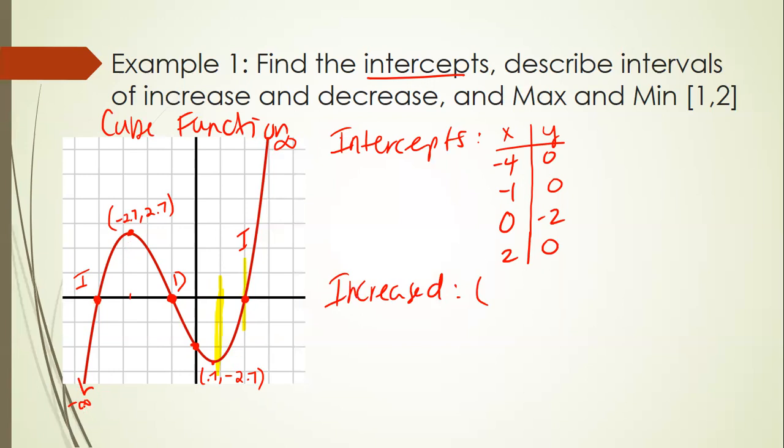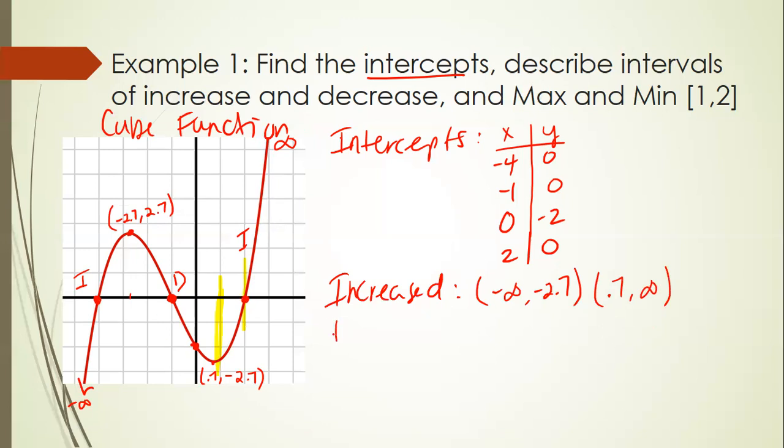So we're describing it from -infinity to -2.7. That's one interval of increase. And where's my other interval of increase? 0.7 to +infinity, right? So those are my intervals of increasing.